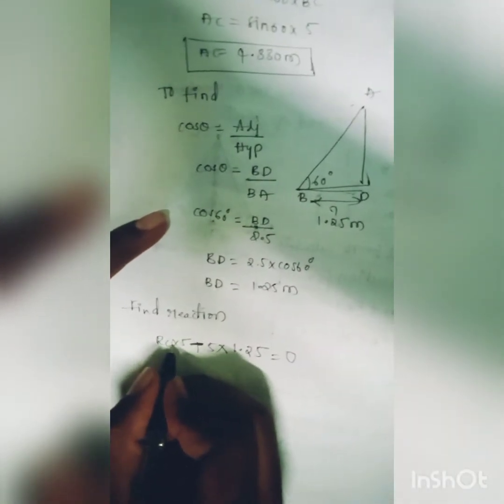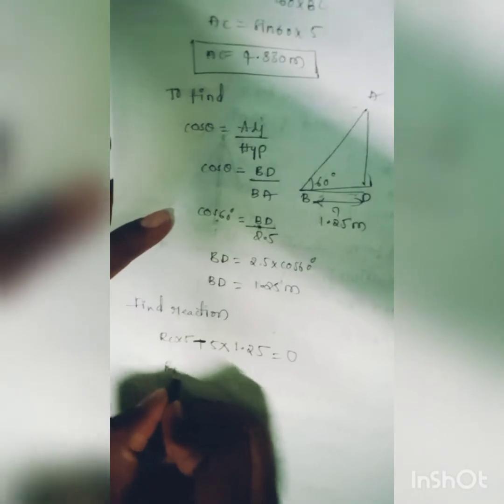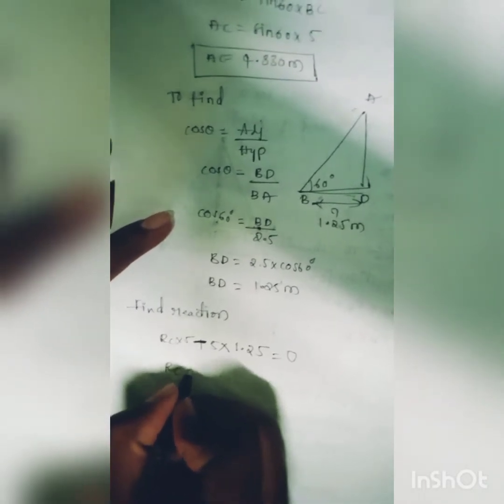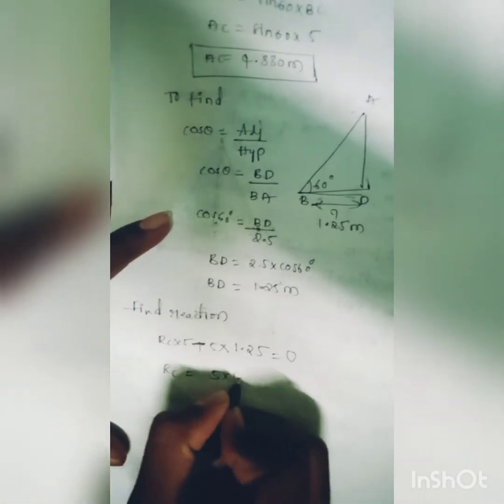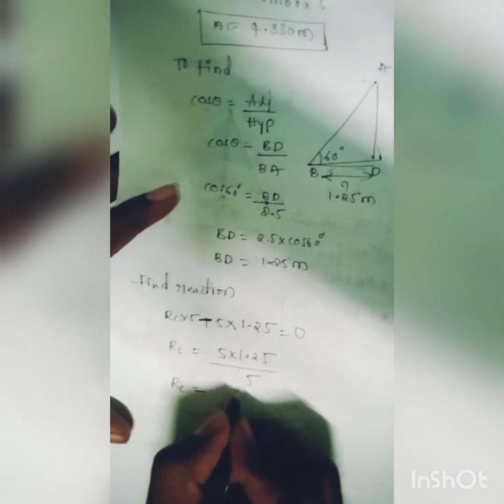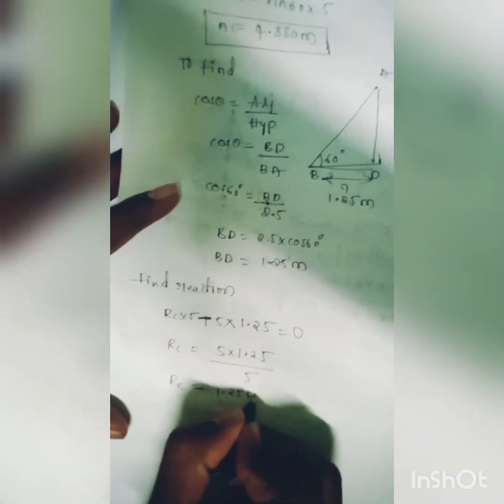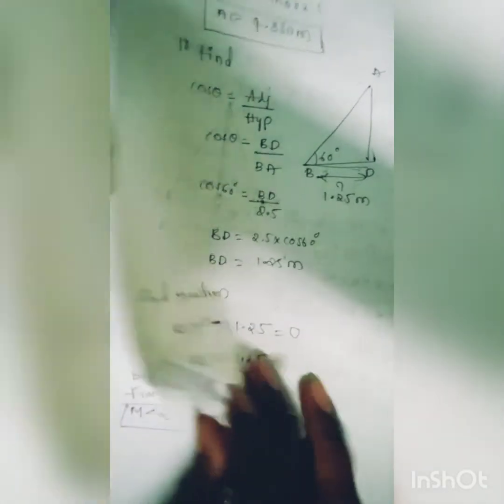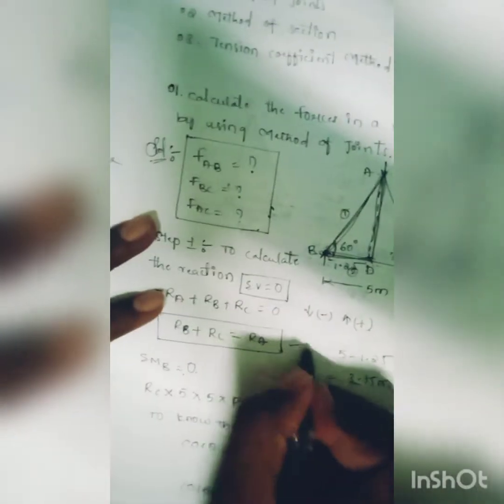RC, we don't know. RC equals 5 into 1.25 by 5. RC equals 1.25 kilonewtons. From equation 1, this is considered to be equation 1.